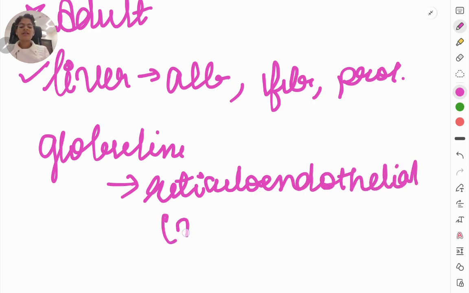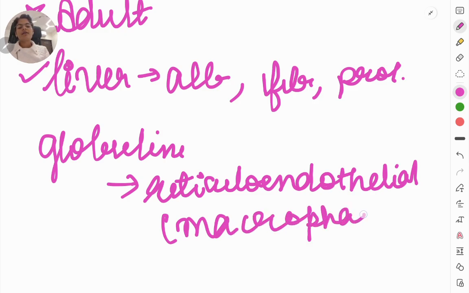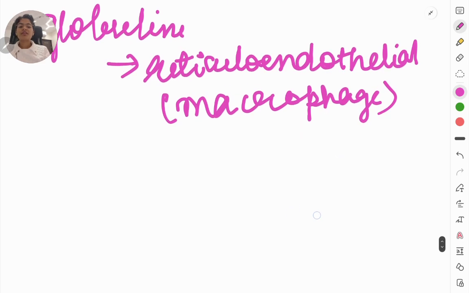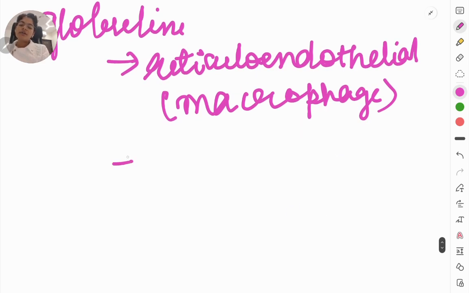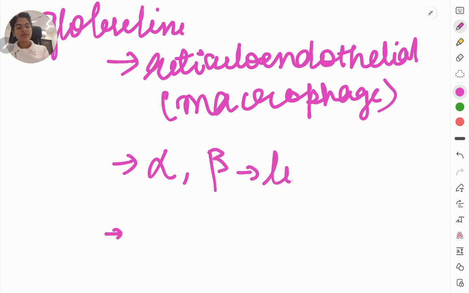Also, it is like macrophage. How is macrophage formed? From monocyte. Now, also the alpha and beta are there. It is formed from the liver.